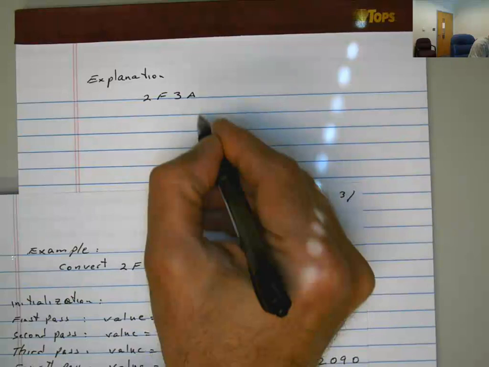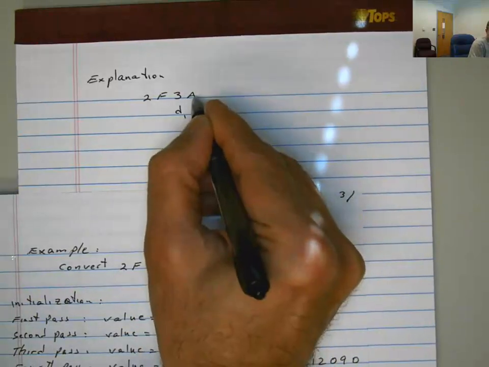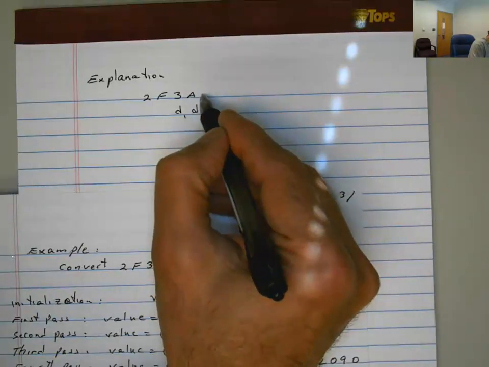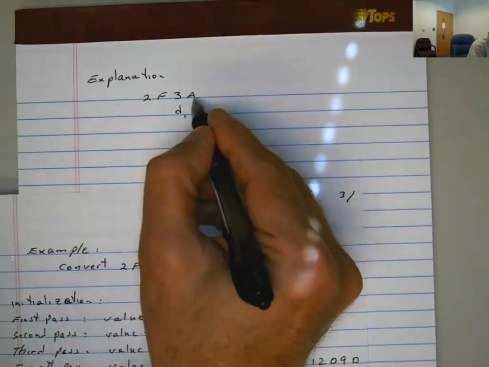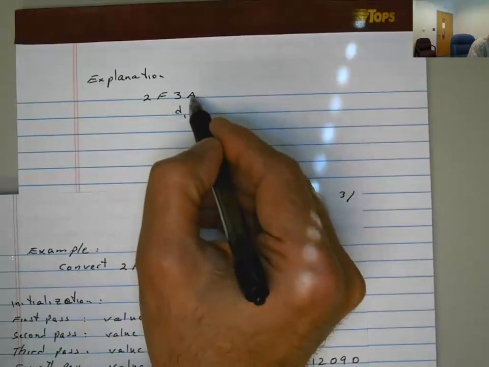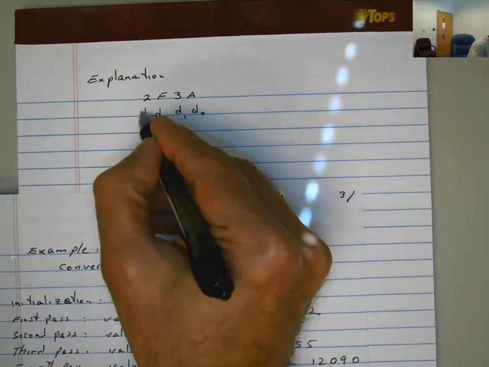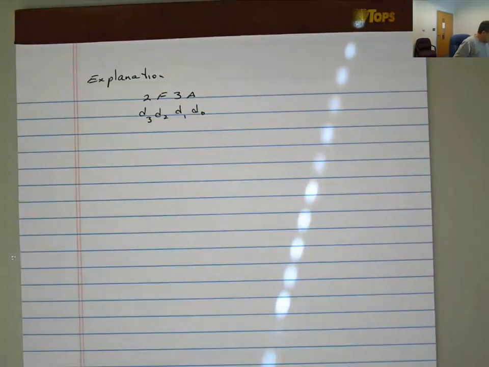We always look at the digits in this way: digit 0, because this one is multiplied by its base to the power of 0. This one is digit 1, or you can count them from right to left, starting with number 0. This is the least significant digit here, so D0, D1, D2, and D3. So let me explain why it worked.